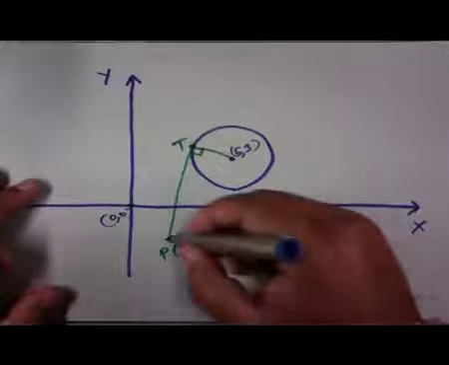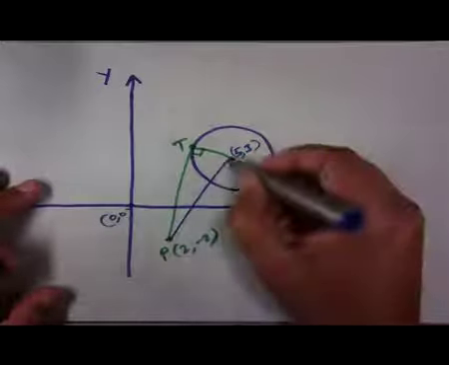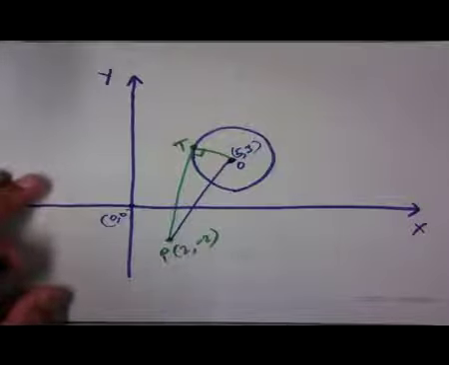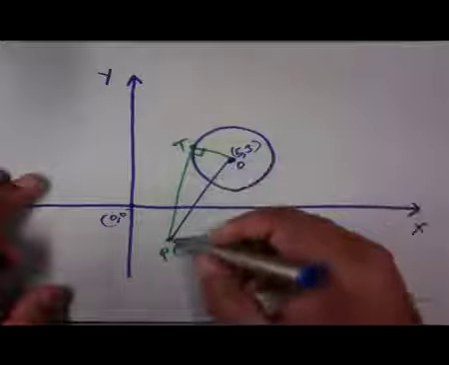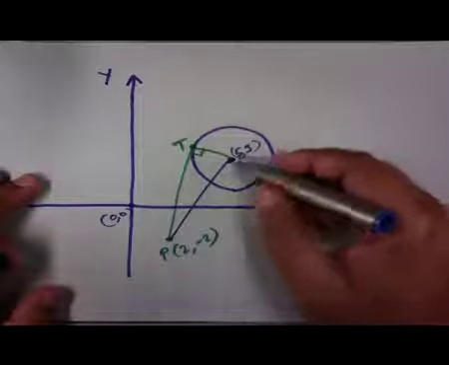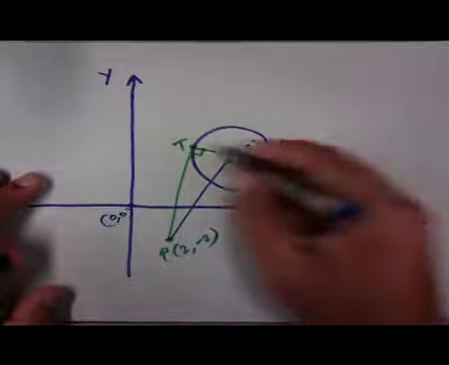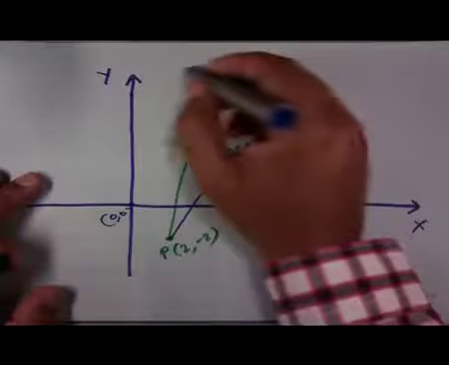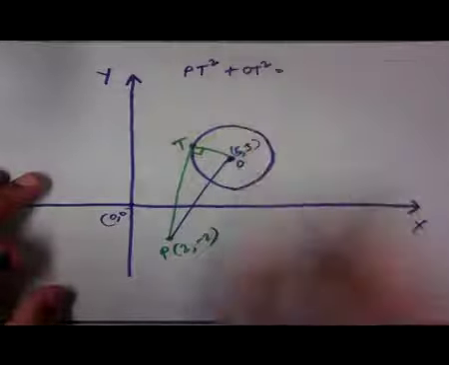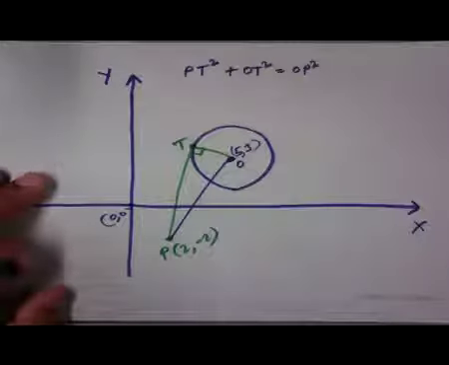Let us join P with the center of this circle at O. We see that this triangle POT is a right angle triangle, and therefore, PT square plus OT square is equal to OP square from the Pythagoras theorem.